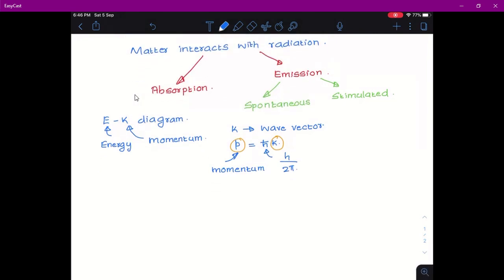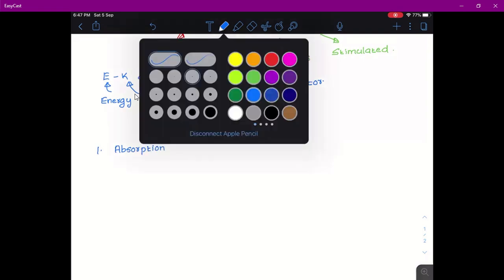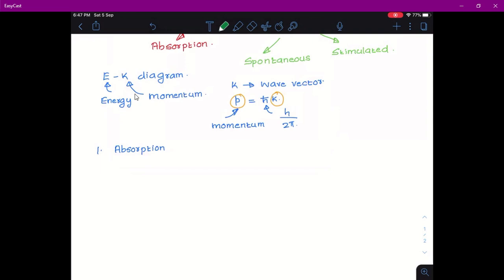So, let us look at the first case, which is absorption. If you look at a direct semiconductor, which means in an EK diagram I have the minimum of the conduction band and the maximum of the valence band at the same k value.